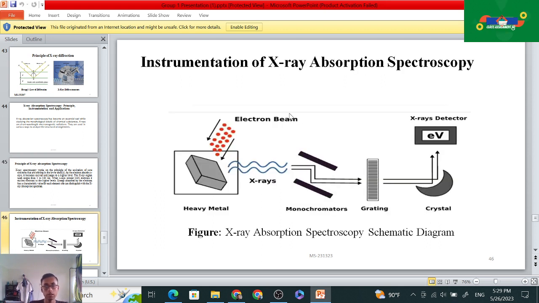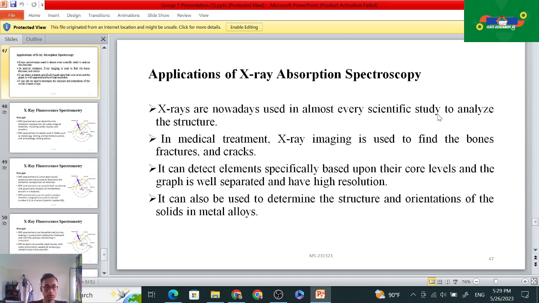Then instrumentation of X-ray absorption spectroscopy: electron beam, then X-ray, heavy metal monochromators, grating crystals, then X-ray detectors. Then applications of X-ray absorption spectroscopy. X-rays are nowadays used in almost every scientific study to analyze structure, and in medical treatment, X-ray imaging is used to find bone fractures and cracks.